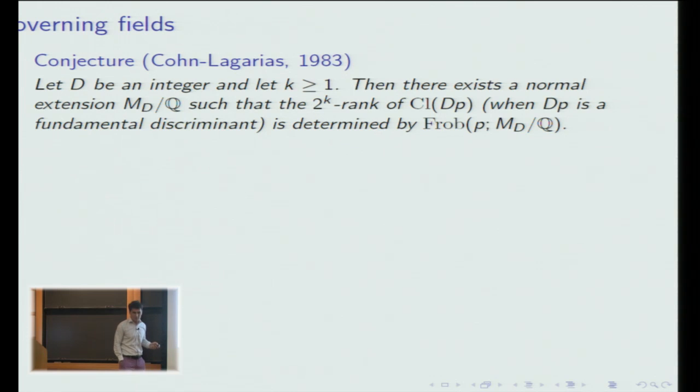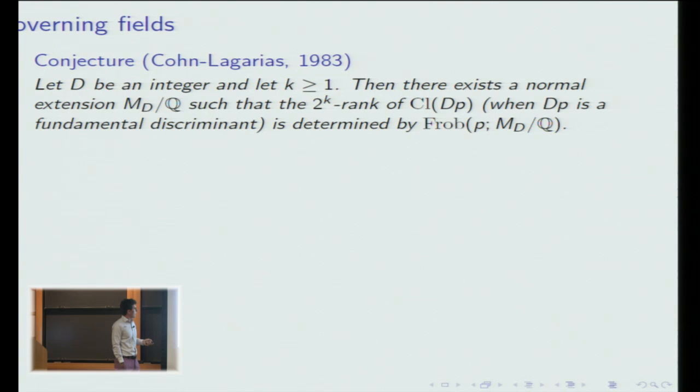The theorem would say that if the Frobenius of p in this extension is equal to a given conjugacy class, then the 2 to the k rank is constant on this conjugacy class. And the density will equal the size of that conjugacy class over the order of the group, of course.